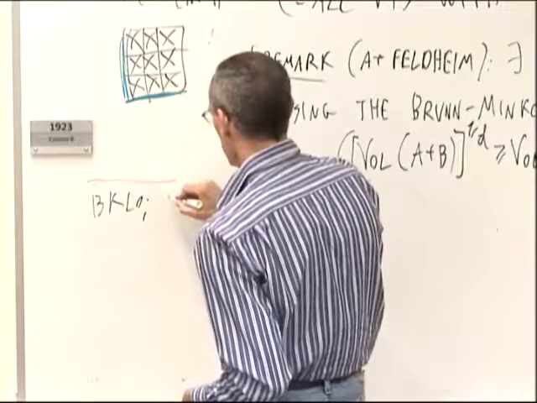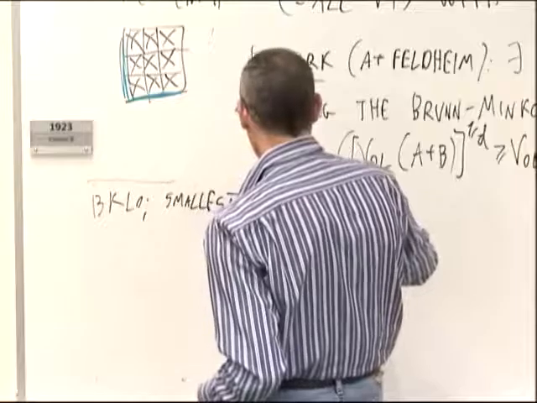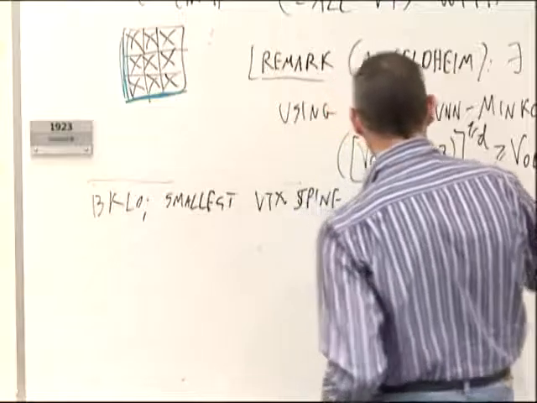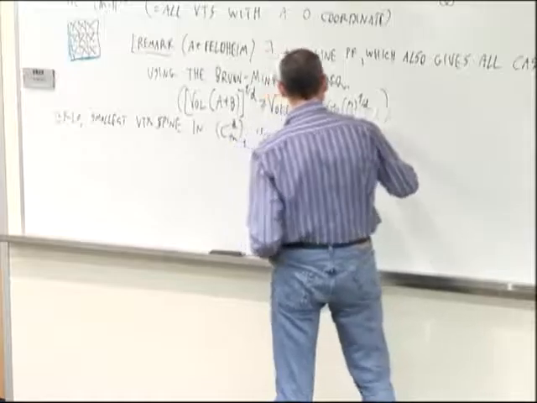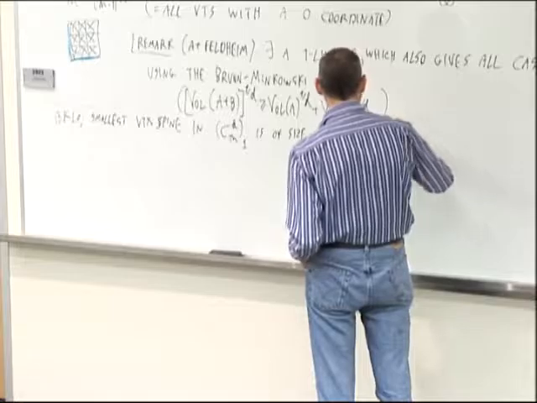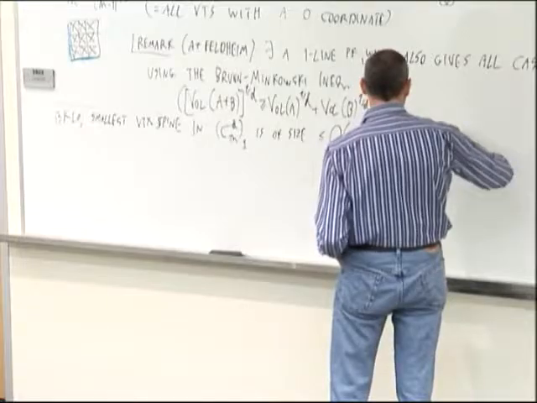They say that the smallest vertex spine in CMD1, so that was the one for which the edge spine was easy, if we want the vertex spine, it is of size, well, now we don't know exactly, but at most some constant, d raised to the power log base 2 of 3/2, over m. So this will be a fraction of all vertices.